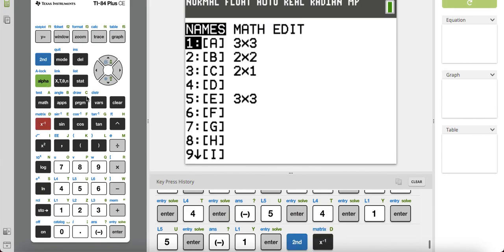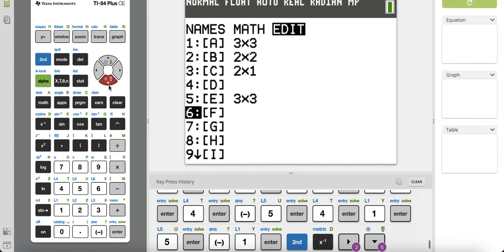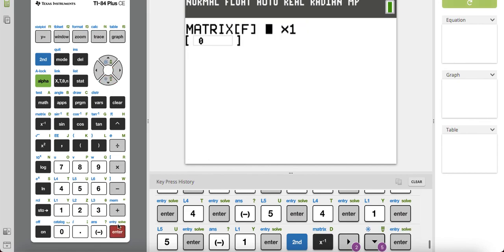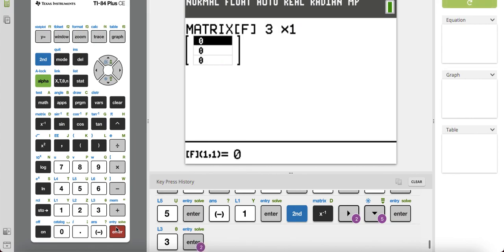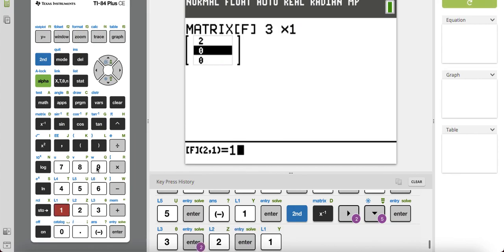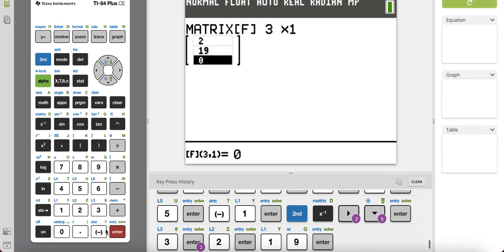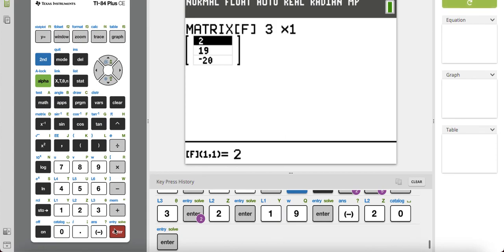And now we go to second matrix again, and we'll edit F. That'll be our constant matrix. We want it to be a 3 by 1. And we know it's going to be 2, 19, and negative 20. Those are just the constants, what each equation was equal to in my system.